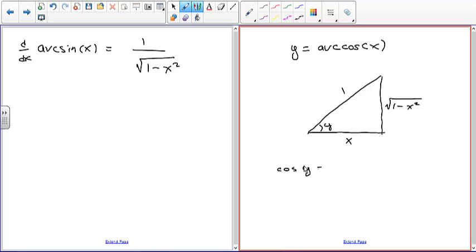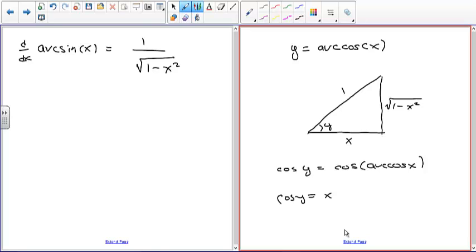Okay, so then what we did was we took the cosine of both sides. So we got the cosine of y equals the cosine of the arc cosine of x. And the cosine of the arc cosine of x, because they're inverse functions, is just x. So again, instead of using logarithmic differentiation, we're using something like trigonometric differentiation.